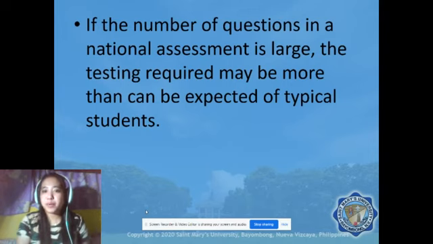So if the number of questions in a national assessment is large, the testing required may be more than can be expected of a typical student.